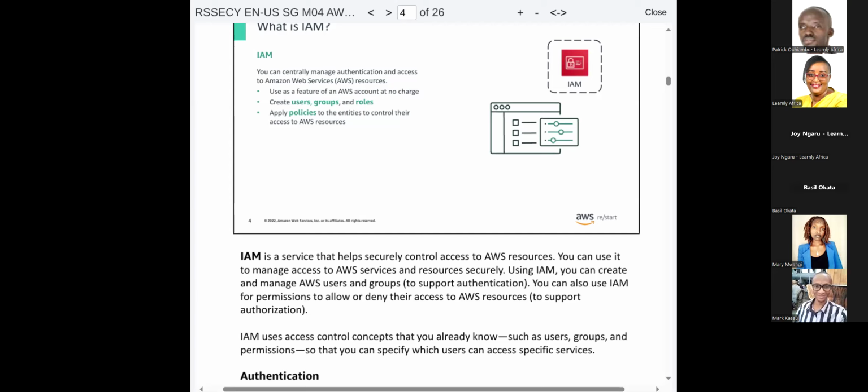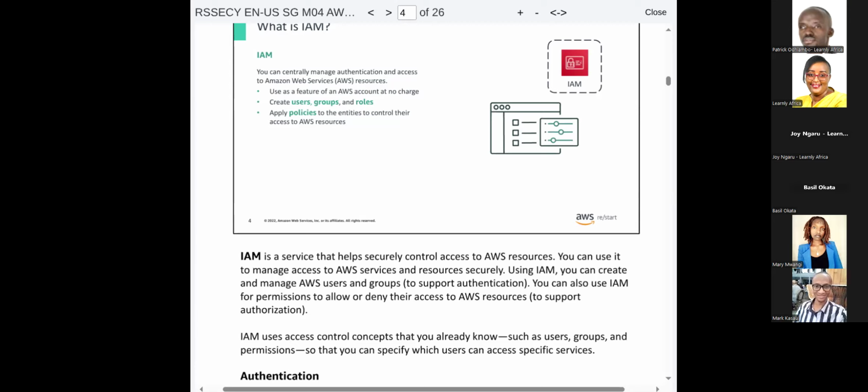What are the three ways that we use to interact with AWS? You can unmute, you can chat. CLI, SDK, and console. Yes, perfect, perfect.